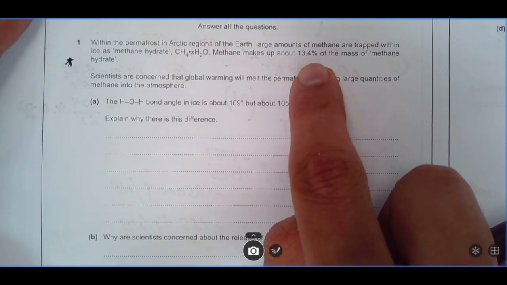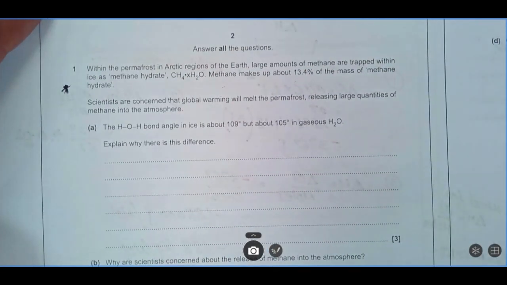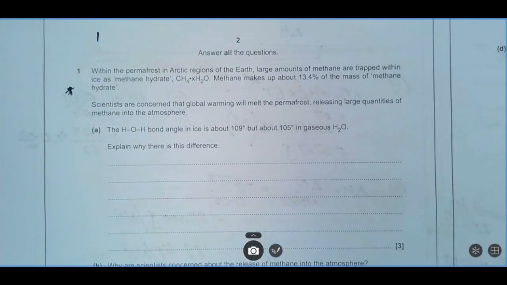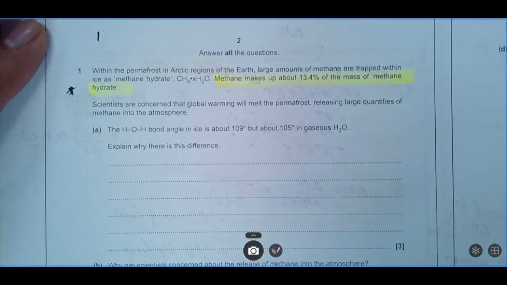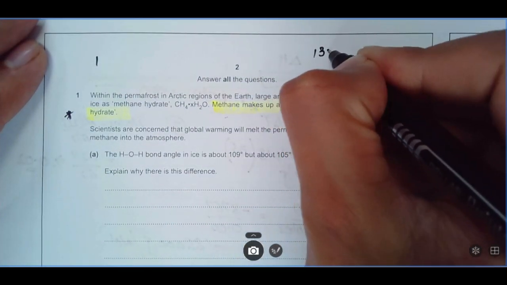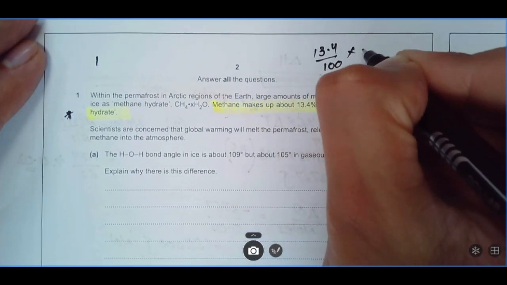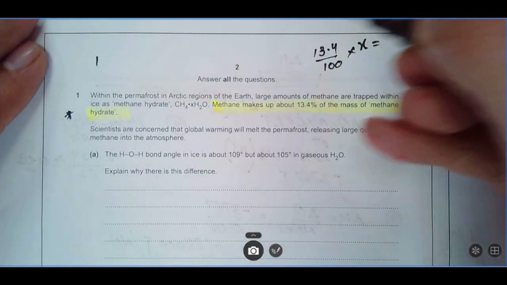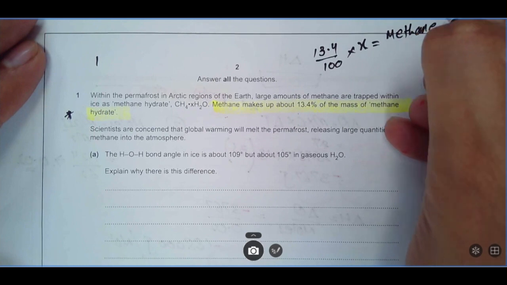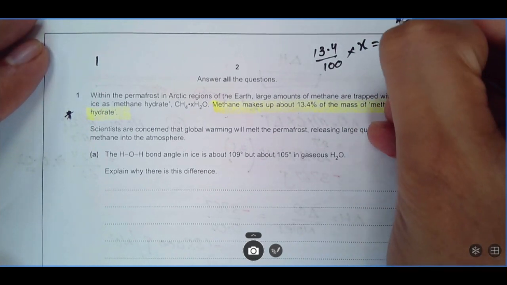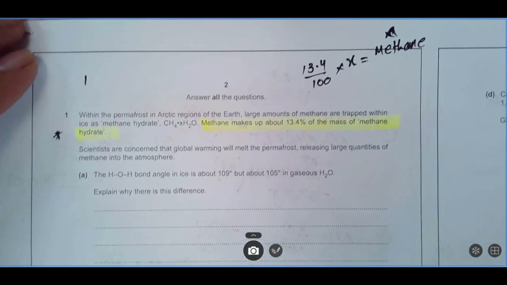So this means something important, right? We can change it into an expression. I can say 13.4 over 100 times X, which is the Mr of this hydrate, will be equal to the methane mass. I'll be happy with that.